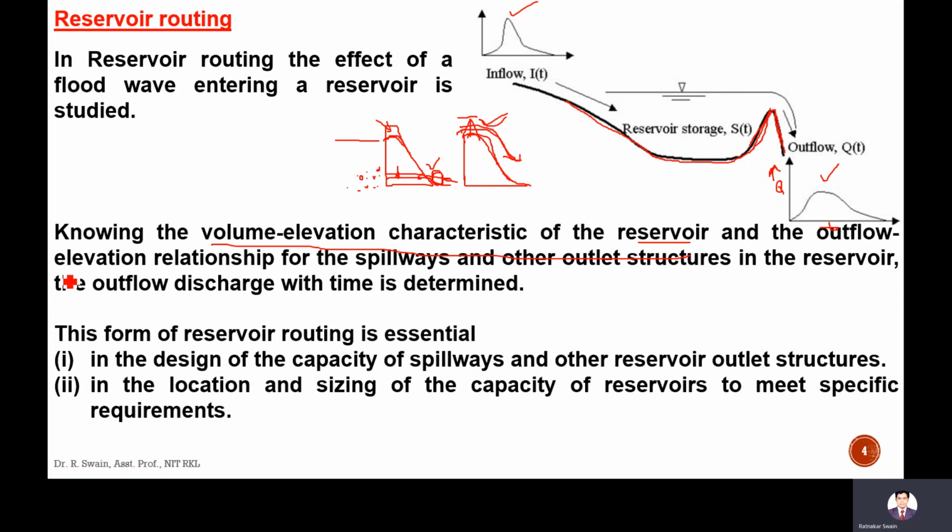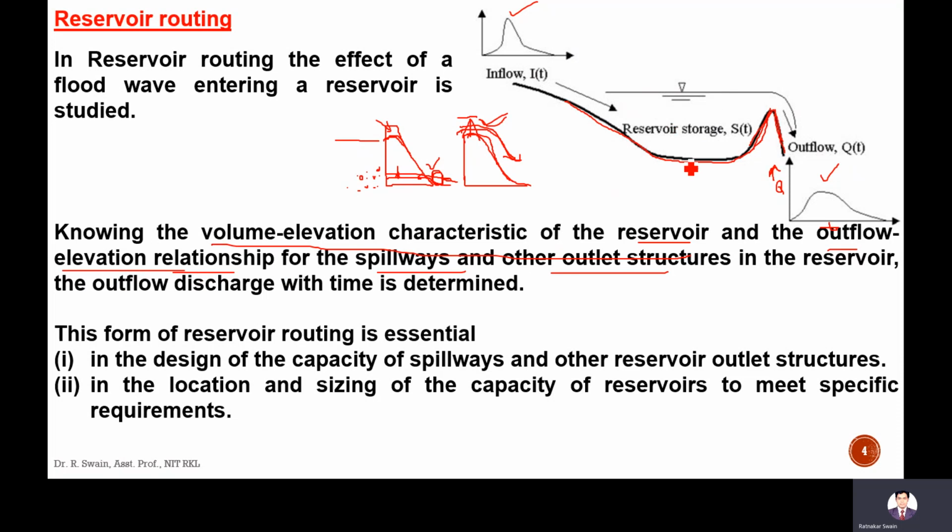The other is the outflow elevation relationship, which depends upon the spillway or other outlet structures like the undersluice. This outflow elevation relationship is fixed for that particular spillway. Different reservoirs have different spillway dimensions, so the outflow elevation relationship will be different.